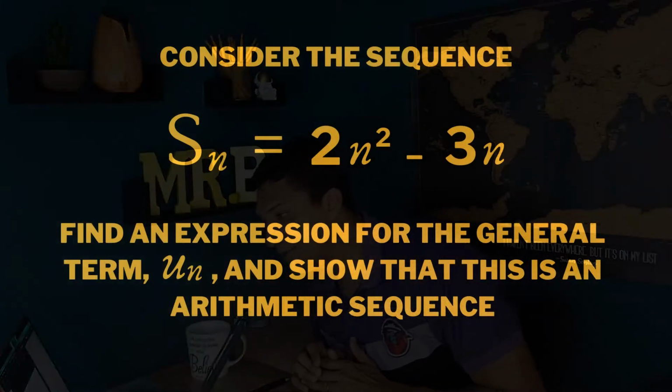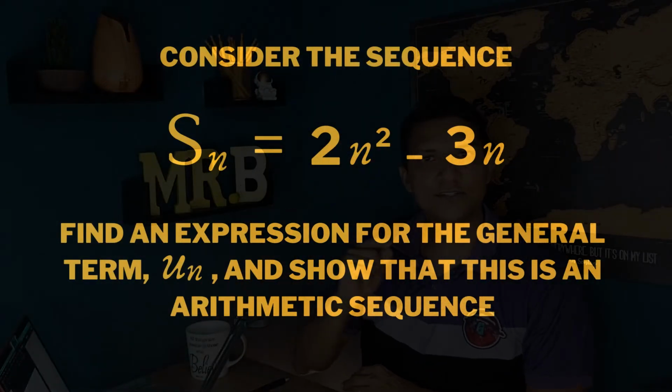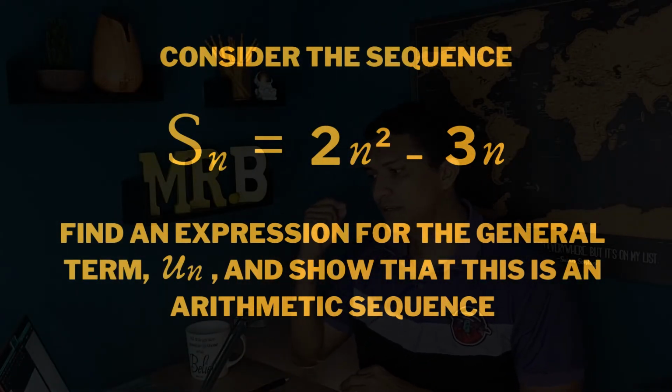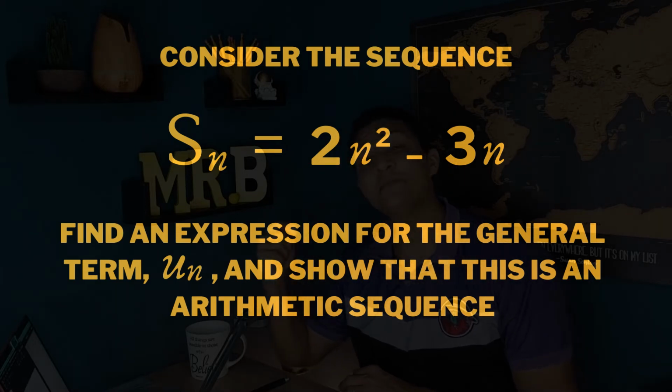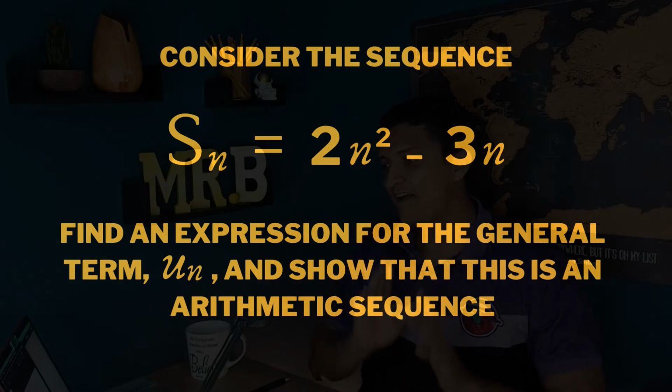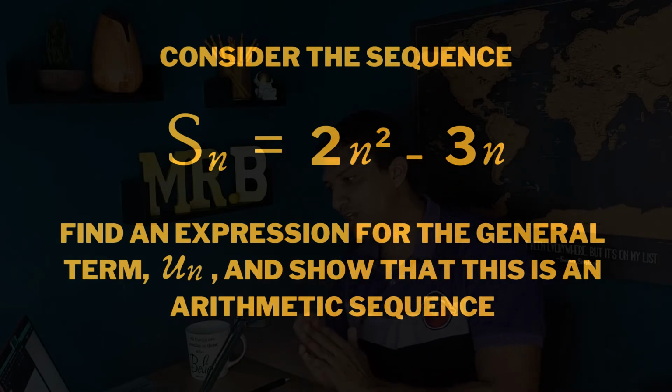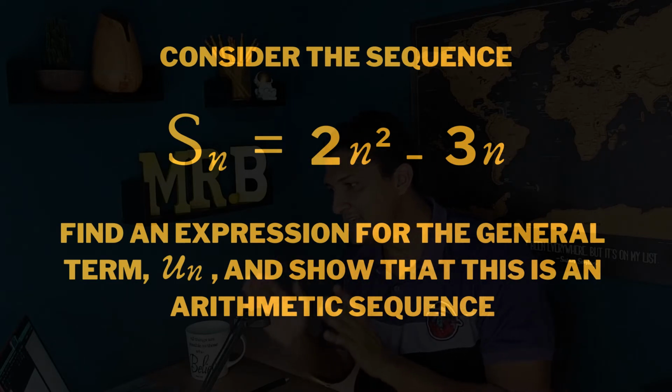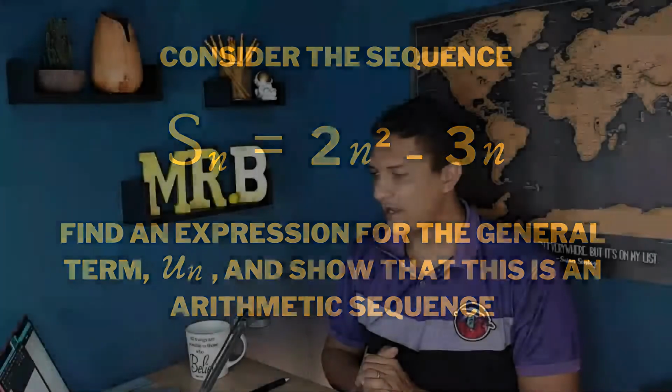It says, consider the sequence S sub n equals 2 times n to the second power minus 3n. Find an expression for the general term un and show that this is an arithmetic sequence. Okay, so pause the video, solve it, and then come back to check it out.